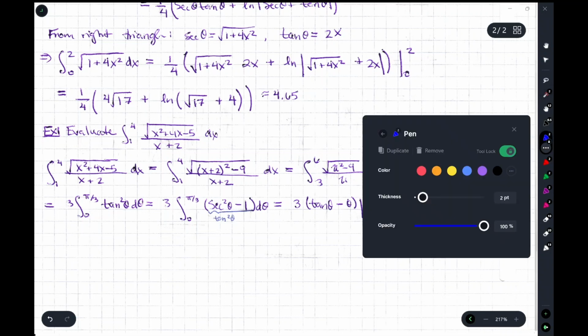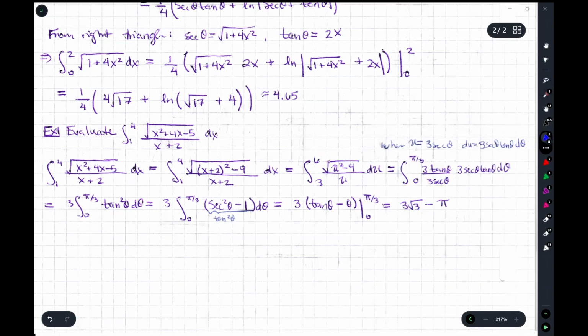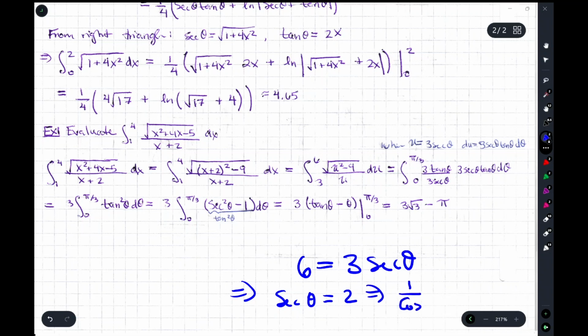I'll go a little bit more in depth with that substitution here with the bounds, just because we have not seen that. So you'll have 6 equal to 3 secant theta. Notice that means secant theta is equal to 2. Well, what is secant theta? That's 1 over cosine theta equal to 2, which implies cosine theta is equal to 1/2.